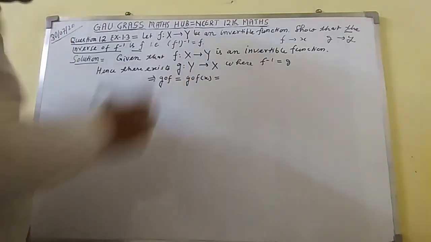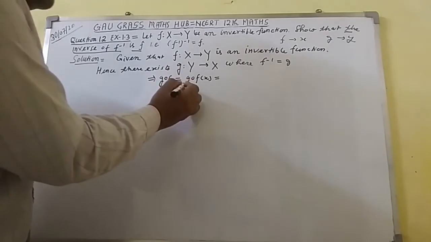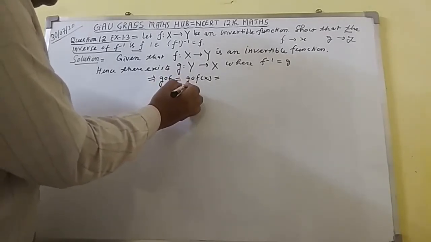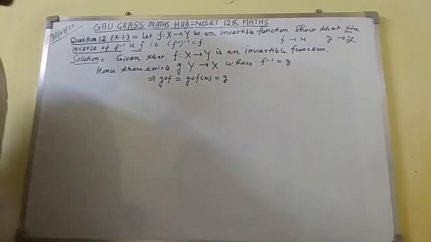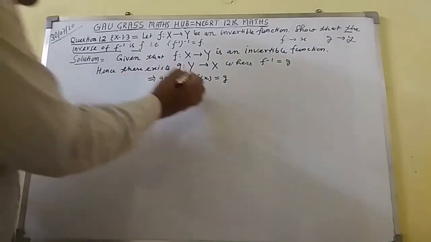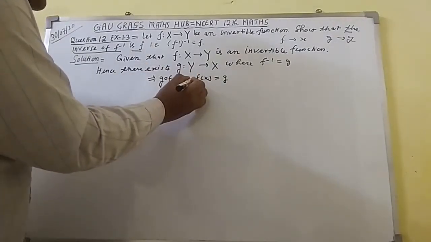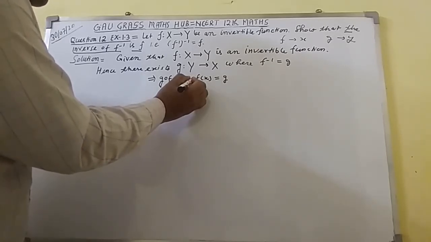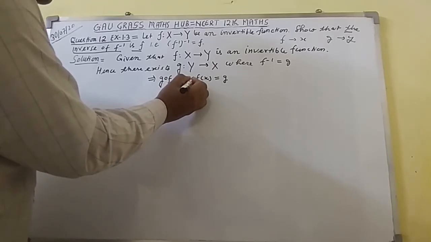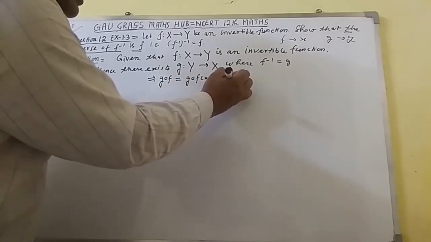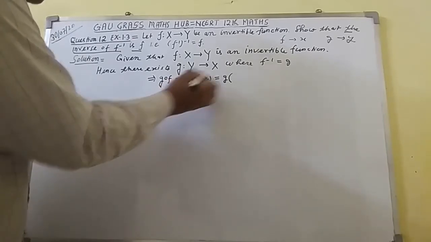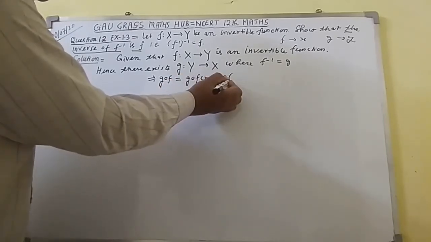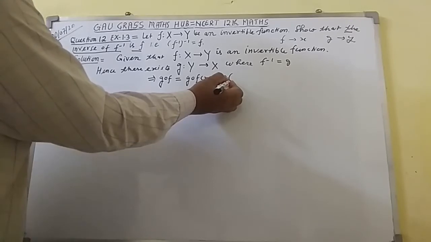Now what to do next? Write here g, and this small o will be converted into a circle bracket. So in place of small o, I have written the circle bracket.